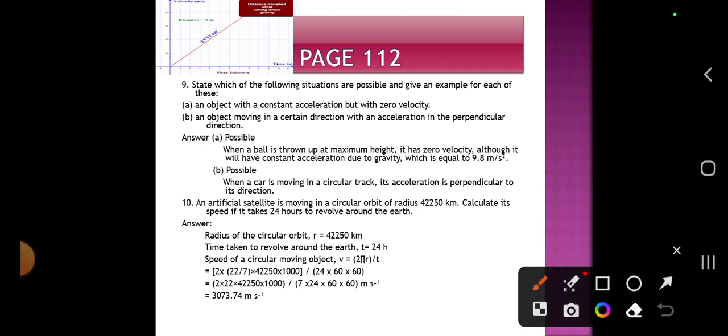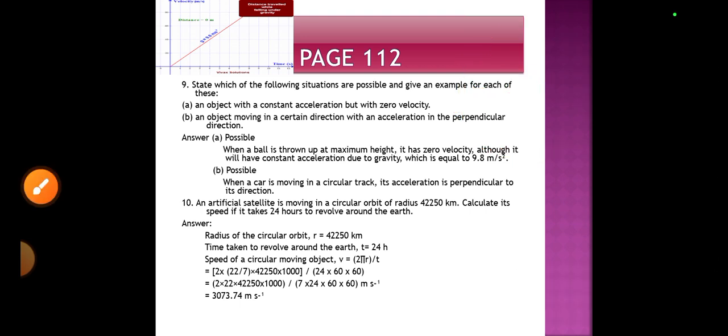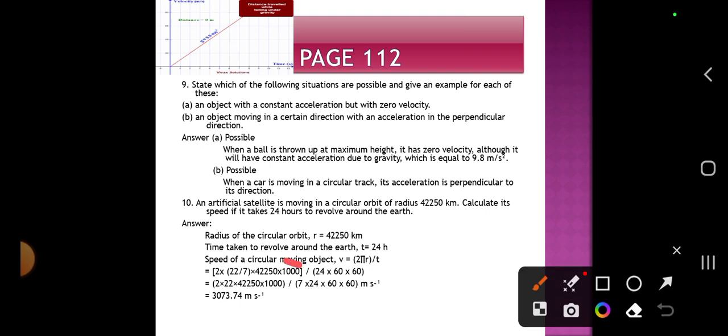Second question, that is number 10. An artificial satellite is moving in a circular orbit of a given radius. Calculate its speed if it takes 24 hours. This is circular motion. The radius is given to us, 42250 kilometer. And speed of a circularly moving object is distance upon time.